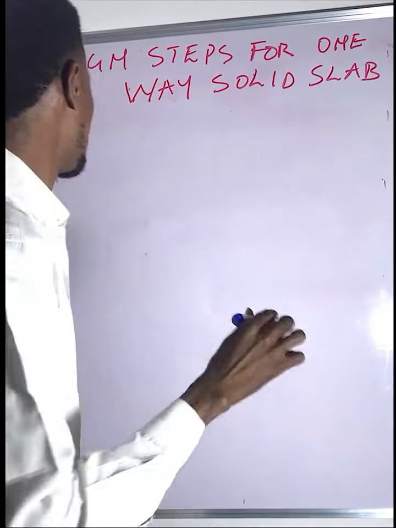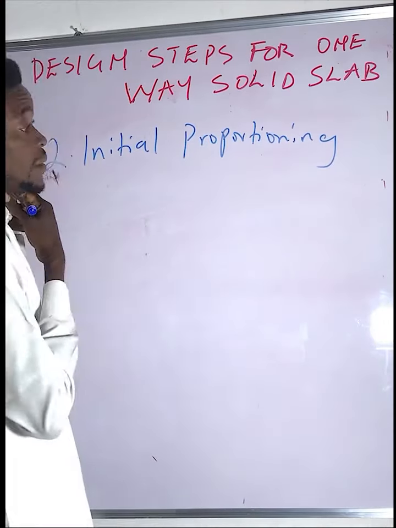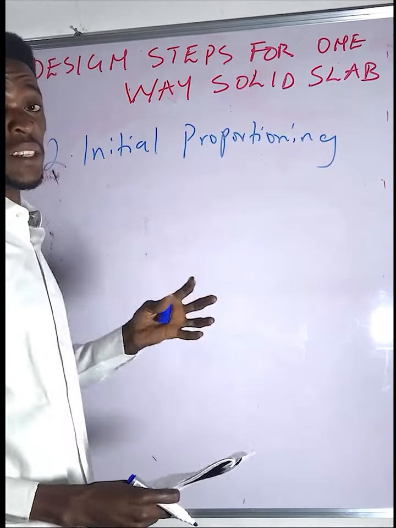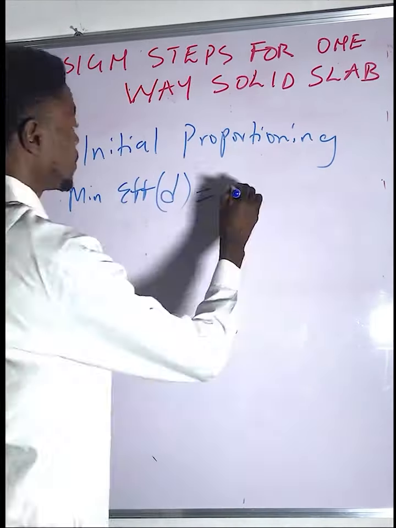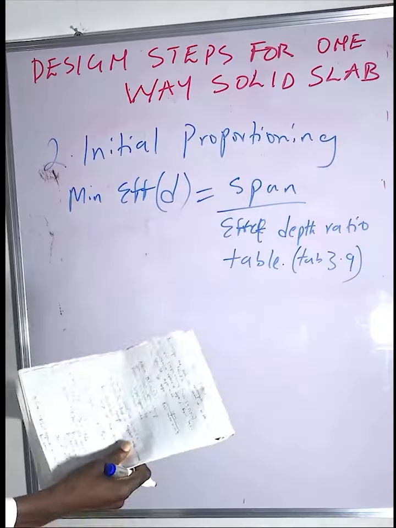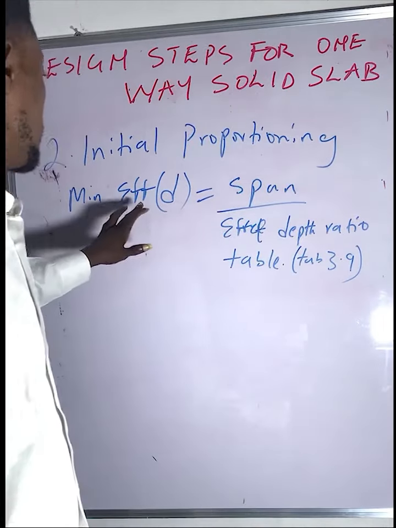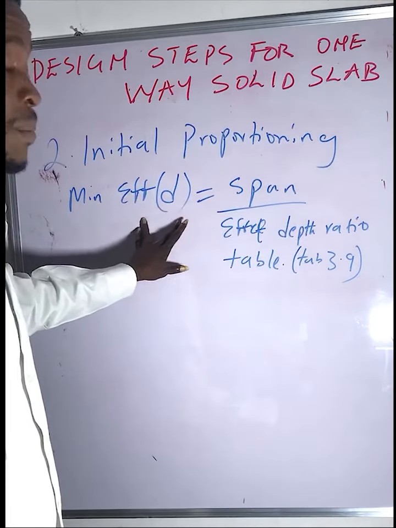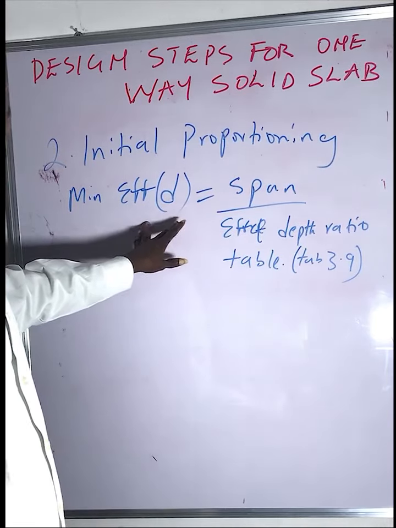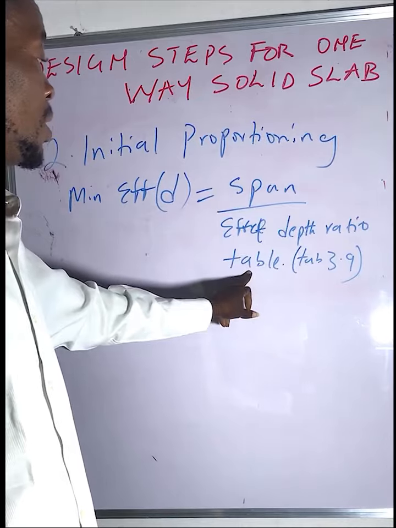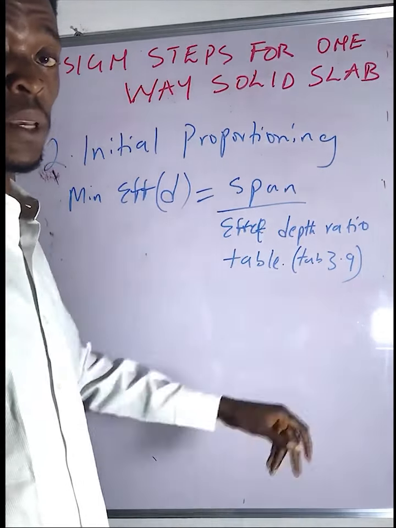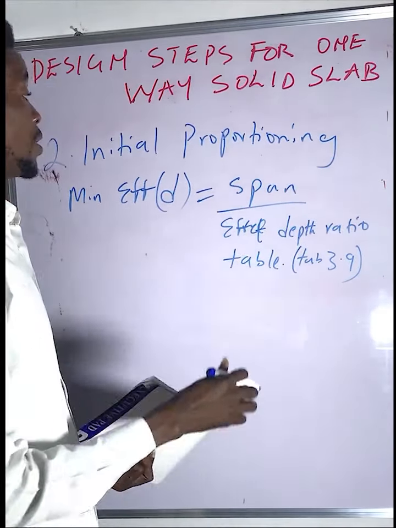Initial proportioning. We have to get the initial sizes before we design. First of all, we have to get the minimum effective depth, and we get this from the span versus effective depth ratio, which is table 3.9 of BS 8110.